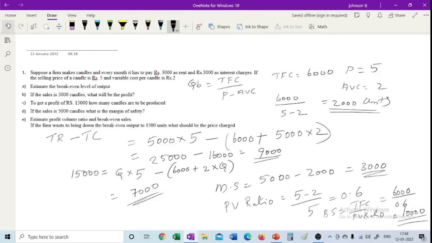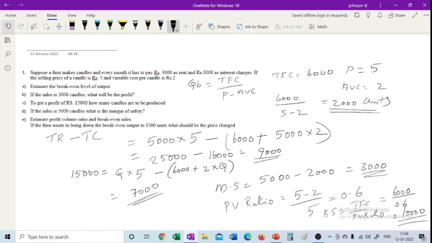This is the break-even sales or break-even revenue. This 2,000 is the break-even level of output, that is 2,000 units, and this is break-even revenue or break-even sales. So in this way we can find the break-even sales.